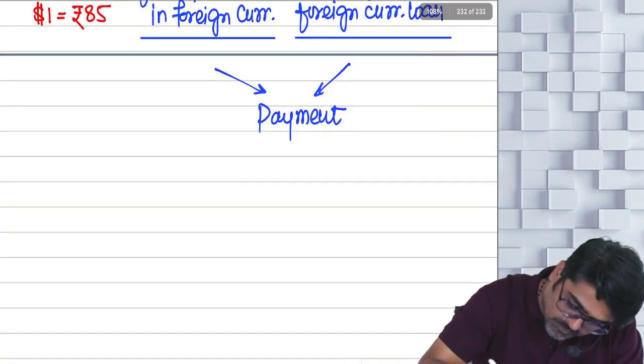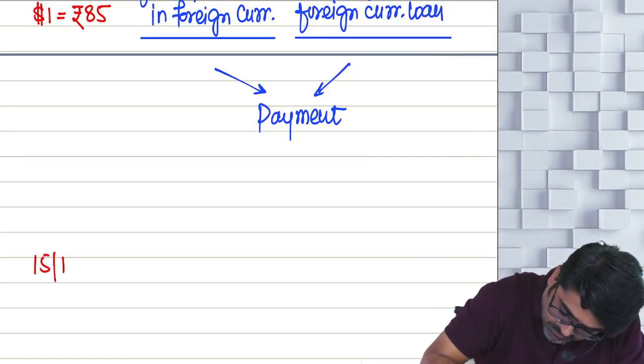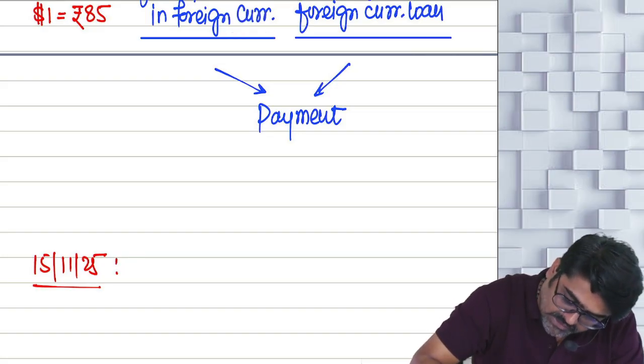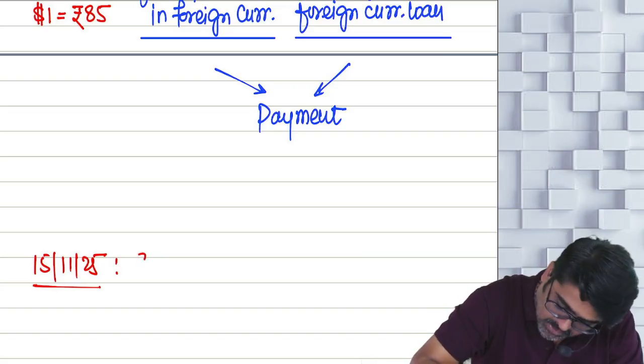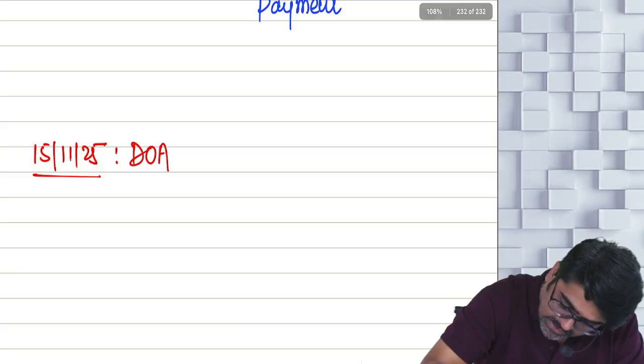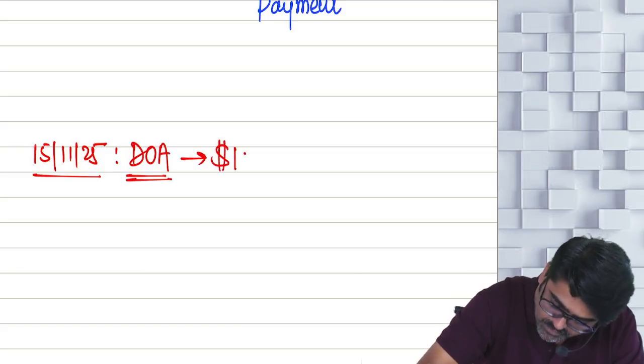So on 15th of November, what did I say? On 15th of November 2025, it is the date of purchase. This is the date of acquisition. On this date, the dollar to rupee rate was $1 equals rupees 85.